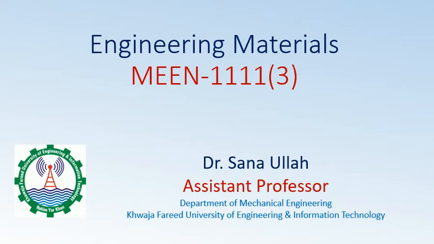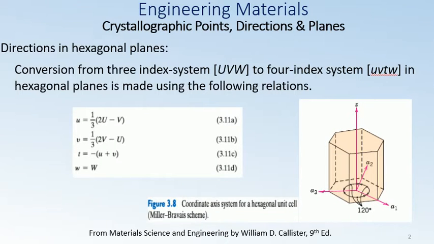We start by learning about drawing position coordinates and direction coordinates in hexagonal planes. There is a procedure, or you can use the formulas that have been derived, to convert coordinates from the 3-index system to the 4-index system for hexagonal planes. For example, u, v and w direction coordinates in the 3-index system need to be converted to the 4-index system.